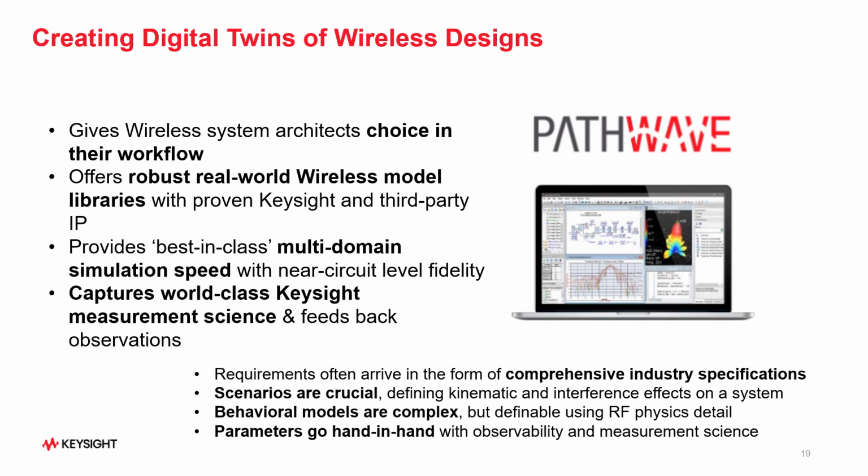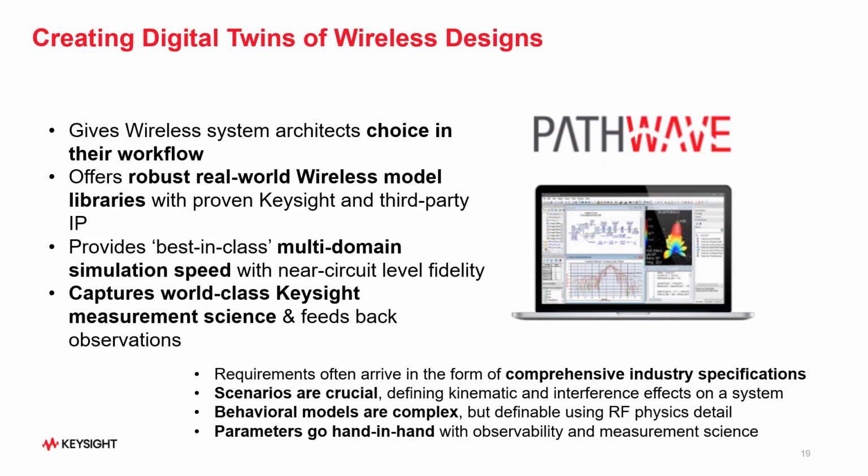So engineering in the virtual space makes sense, given other factors in wireless system design, which are enumerated here, are taken care of. For example, as you can see here, requirements often arrive in the form of comprehensive industry specifications. Scenarios are very crucial and they define the kinematic and interference effects on the system.